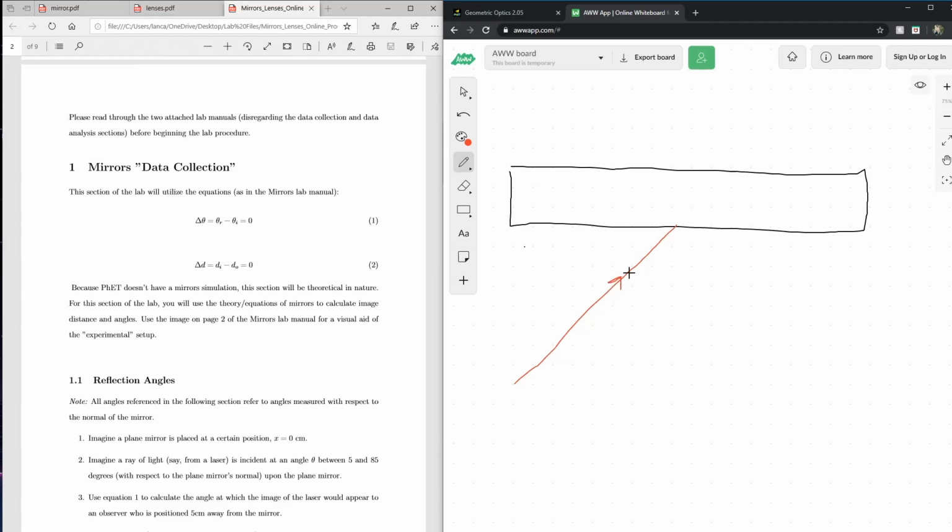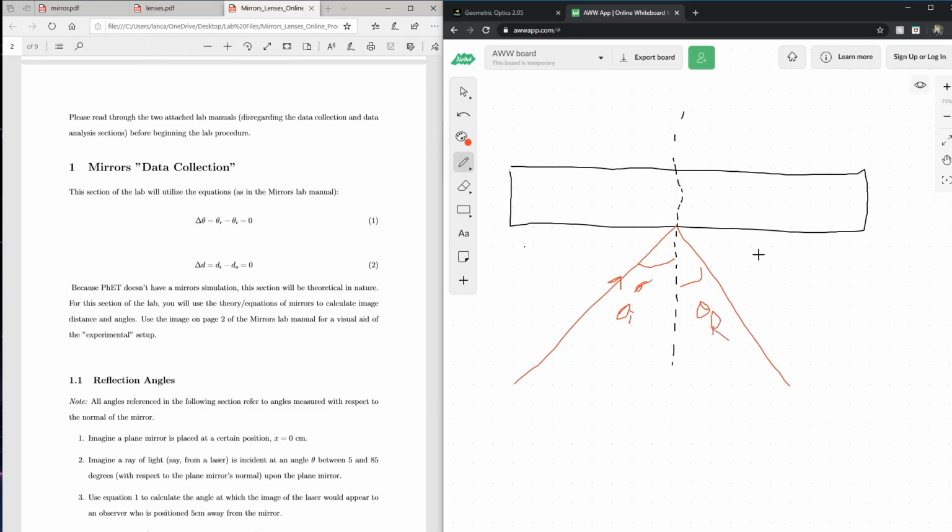If you've got some light that's going to hit this mirror, intuitively you know that this light is going to bounce off the mirror and get reflected at some angle, right? Now, the law of reflection tells us that with respect to the normal of the plane mirror, so I can draw a relatively straight line, the angle of incidence, which is this one right here, theta I, pretend that's a theta, is going to equal the angle of reflection, which is right here.